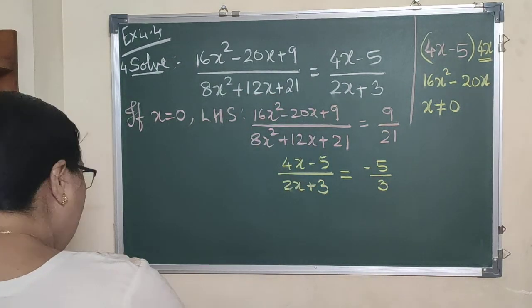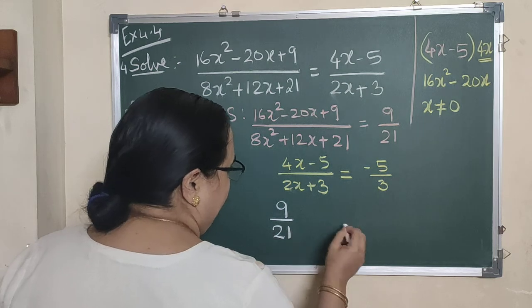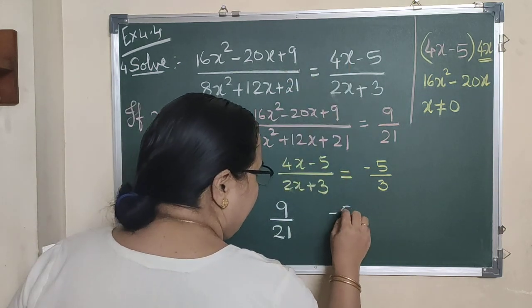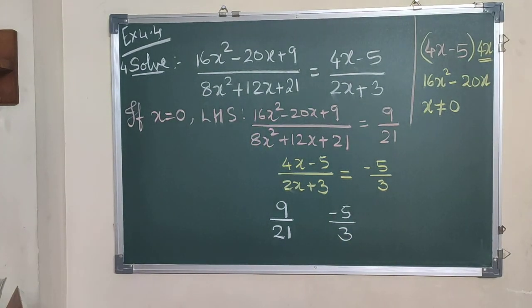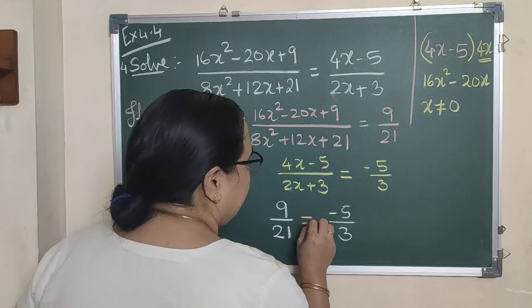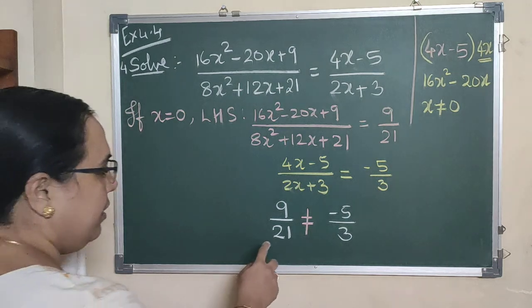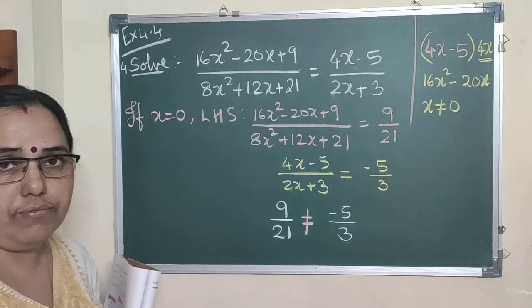So from this, what can I say? 9 upon 21, because your ratios are equal here, is the relation equal here? When I look properly, I can see it is not equal. From 21 I can obtain 3, but from 9 I cannot obtain minus 5.